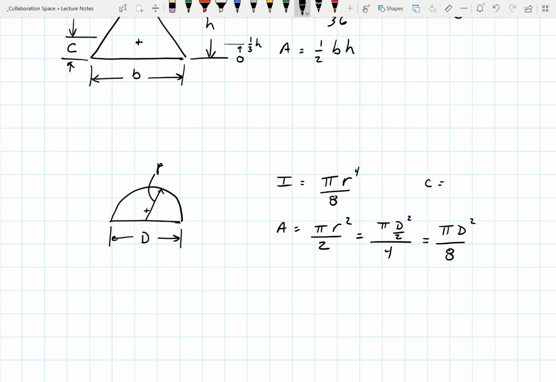For the I, is it pi R to the 4th divided by 8? Yep. So what is it if it's D? What's it if it's pi D to the 4th divided by something?